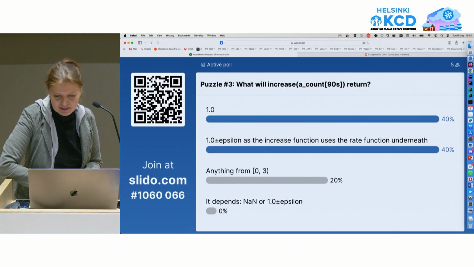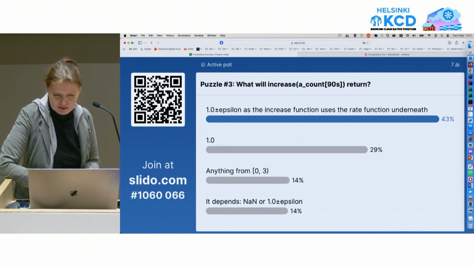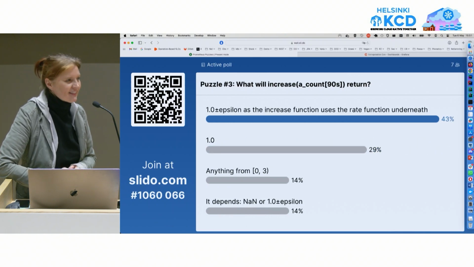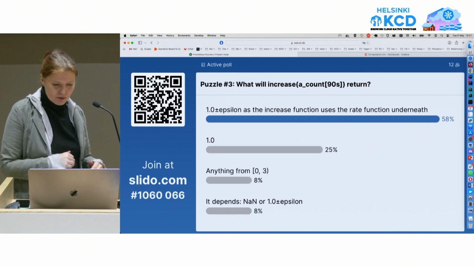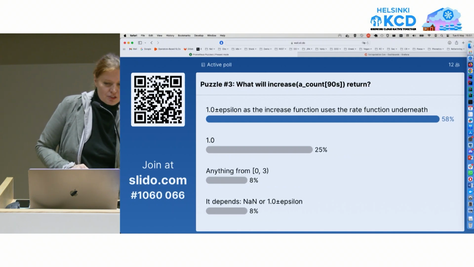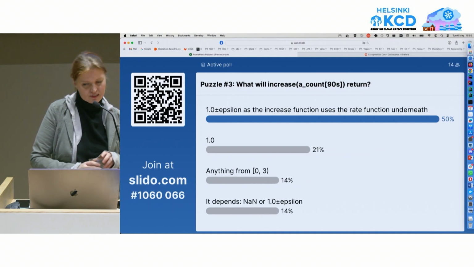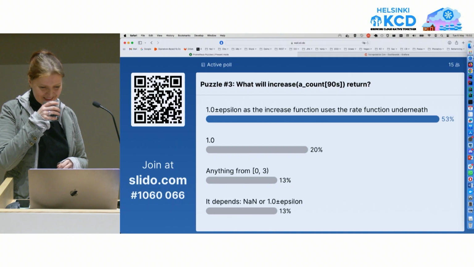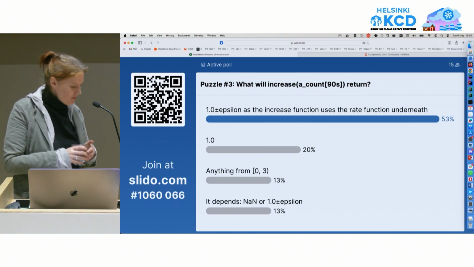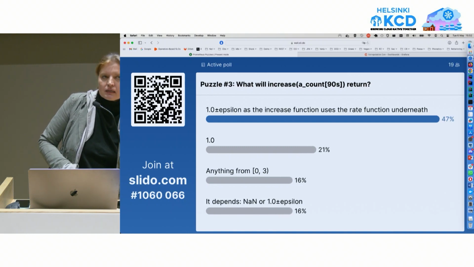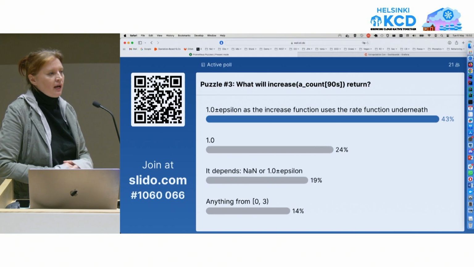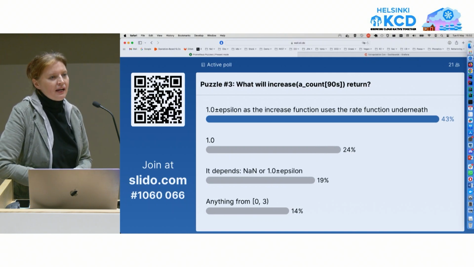Yep, this epsilon was convincing, I see. Yeah, it's always about precision, floating point precision is fun. I love the puzzle when you add 10 times 0.1 and you don't get 1.